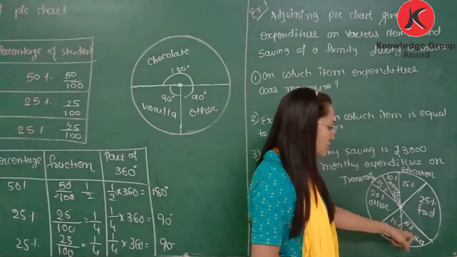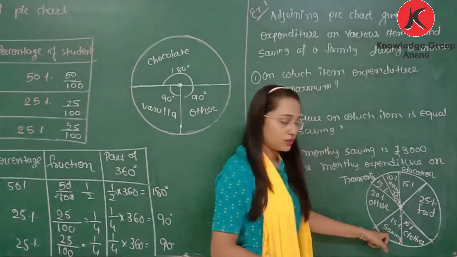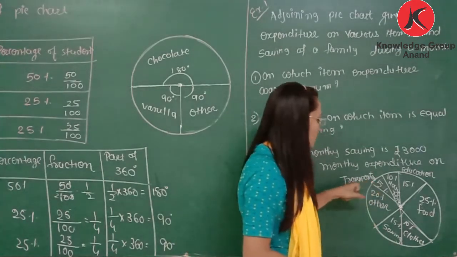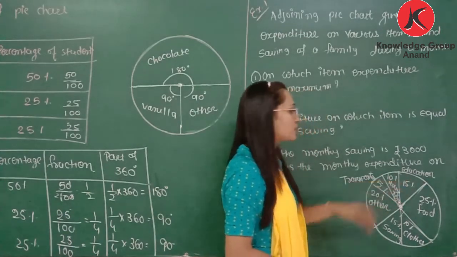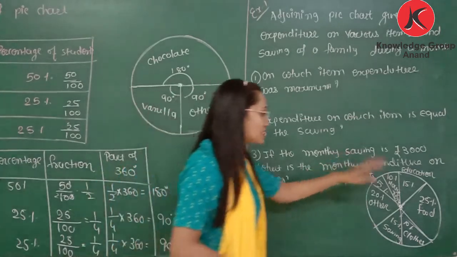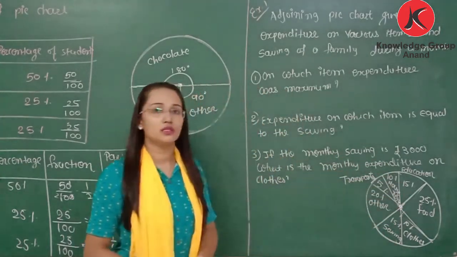Now 10% is given to clothes, 15% given for saving, 20% for other expenditure, 5% is for transportation, 10% for house rent, and 15% is given for the education of children.